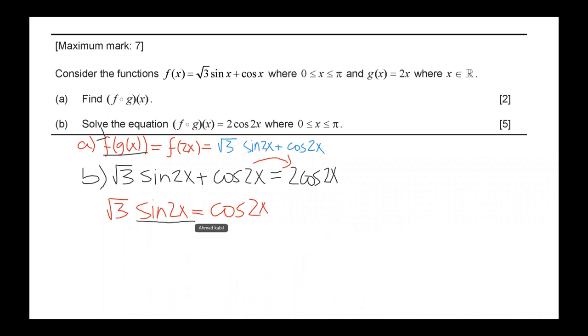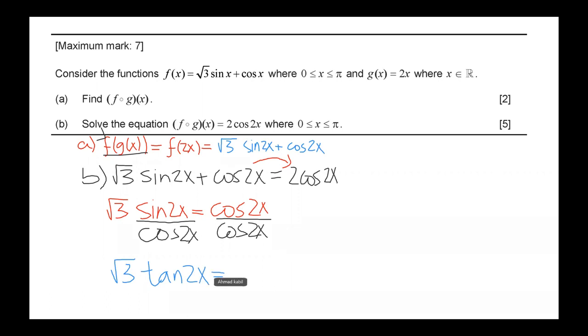That gets rid of one side, and the other side is transformed into an expression I can work with. So if I divide both sides by cosine 2x, on the left I get radical 3 tan 2x, and on the right I just get 1, because anything divided by itself is 1. So this is fairly simple.